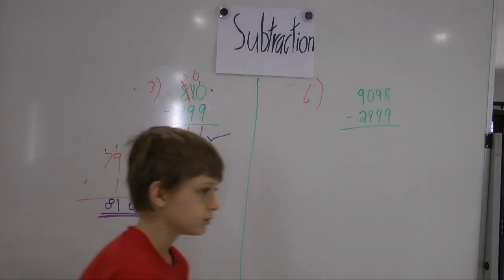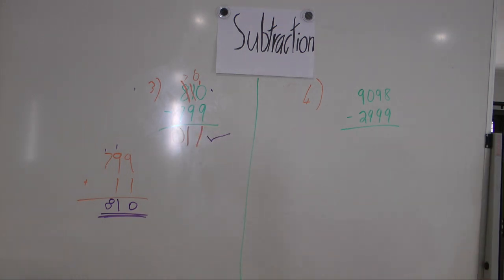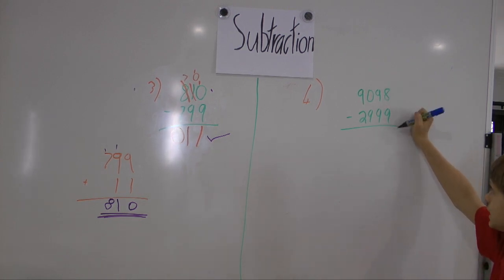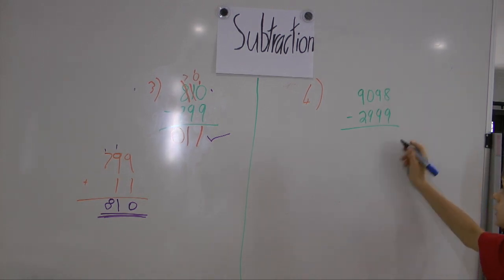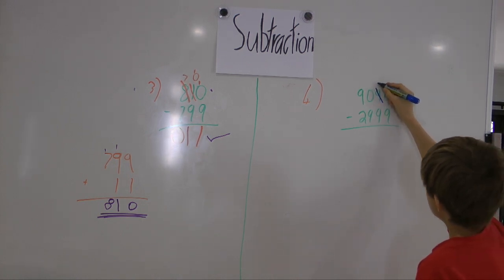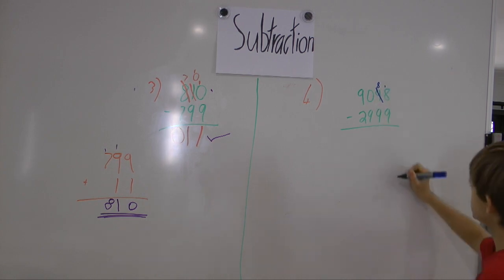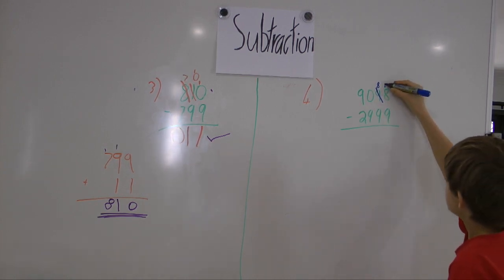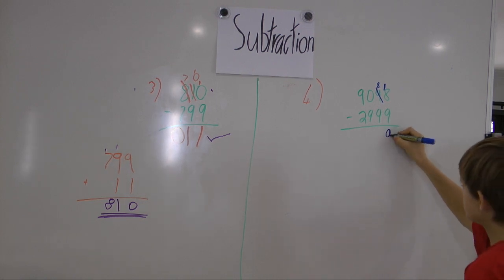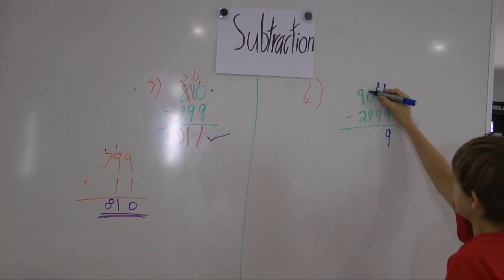Now for question 4, you go 8 minus 9, you cannot do that. You go to the next column, make the 9 an 8 and make it 18. 18 minus 9 is 9. Now 8 minus 9 you cannot do.